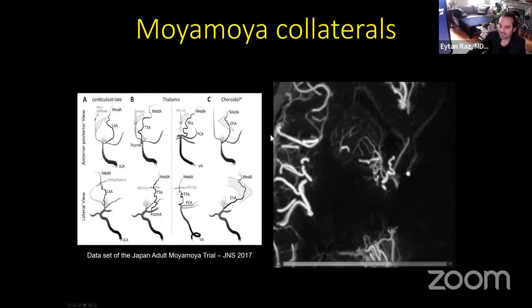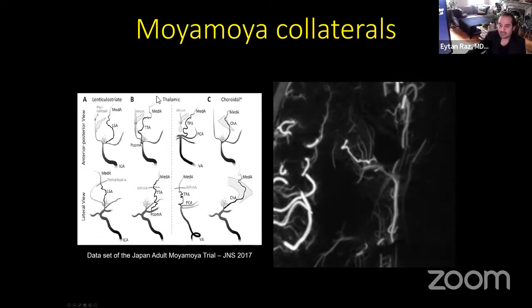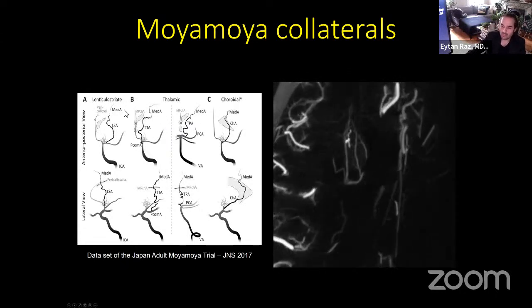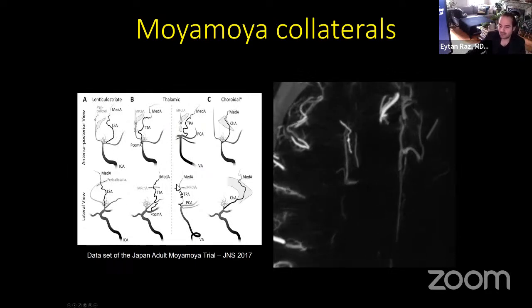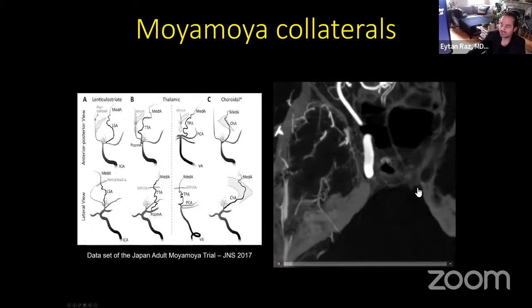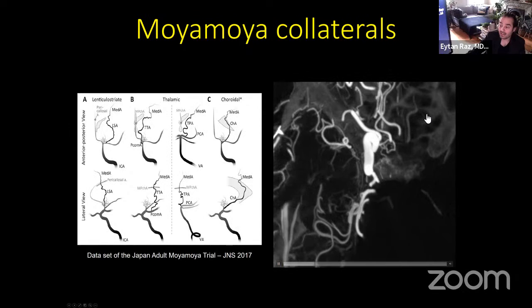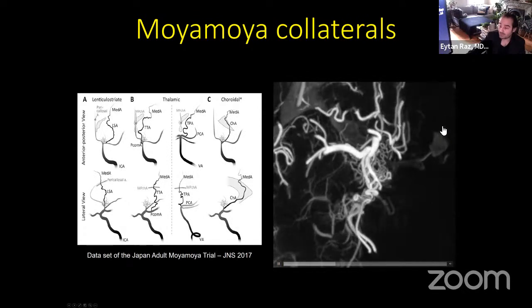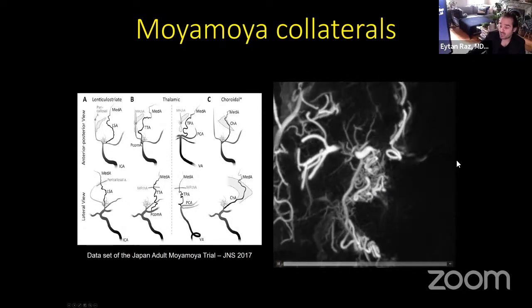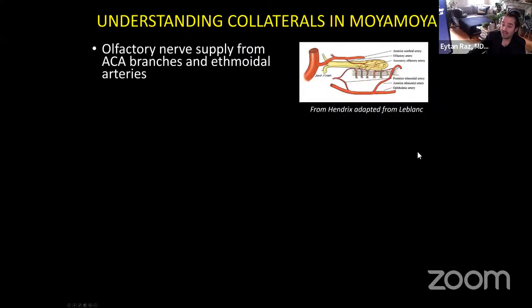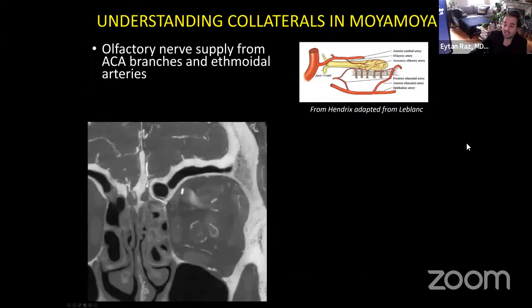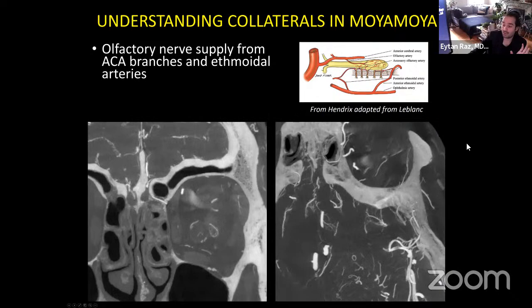But if you want to understand them better, in an academic setting, you may want to. It's probably not going to make a big difference in most cases, but if you want to do that, there's no substitute for getting higher resolution imaging. This is a reconstruction from a 3D, a MIP. You can really follow the vessel, and this is an example of how you can understand the collaterals better.